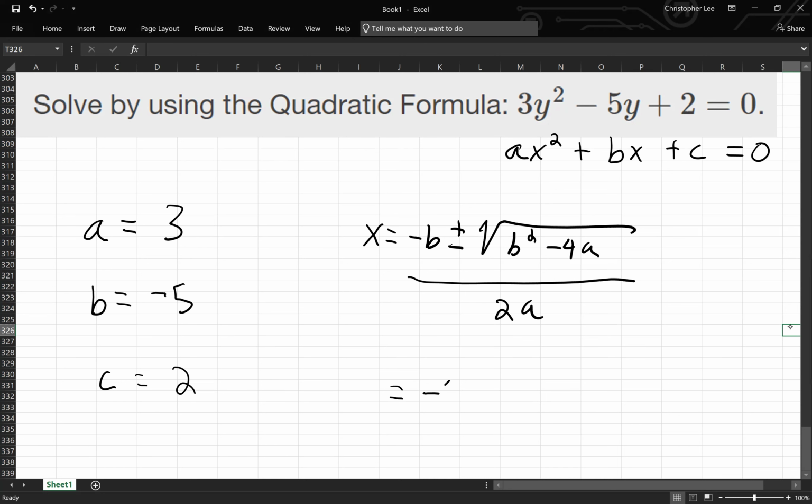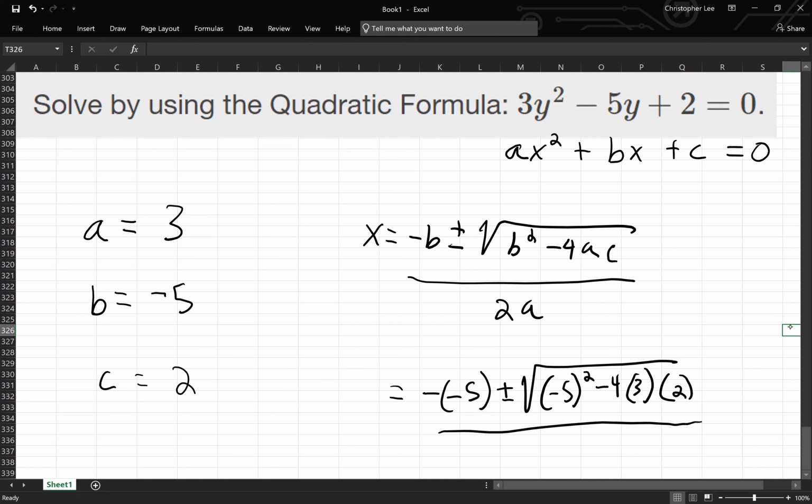So this is going to be negative of -5 plus or minus the square root of -5 squared minus 4 times a times c. And then on the bottom, I'm going to have 2 times my a, which is 2 times 3. Questions on this so far? Or are we good?